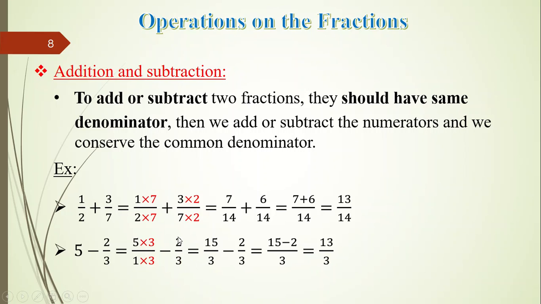And the second fraction is minus 2 over 3. Okay? It is equal to 15 minus 2 over 3, which is equal to 13 over 3. Here, for the second fraction, if we multiply 2 by 1, it's also 2, and 3 by 1, it's also 3. Okay?